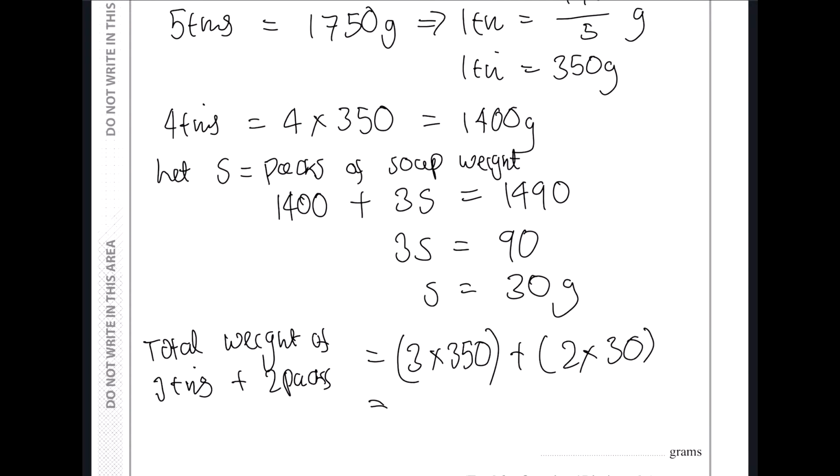So doing this, 3 times 50 is 150. So 150 plus 3 times 300, which is 900, gives us 1,050, plus 2 times 30, which is 60. Adding those together gives you 1,110 grams.